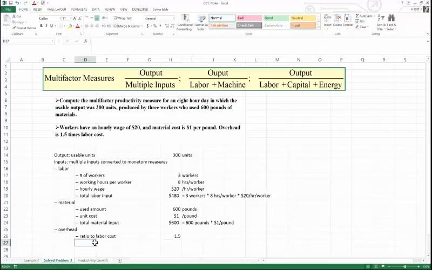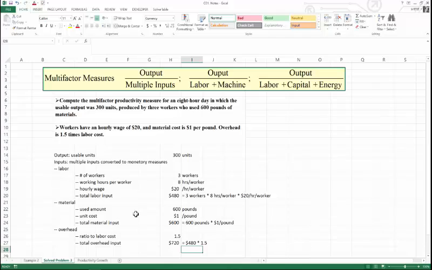And the total labor cost is $480. So we can know the total overhead input: we calculate it as the total labor input times this ratio, so $720. The logic is $480 of labor times the 1.5 ratio.